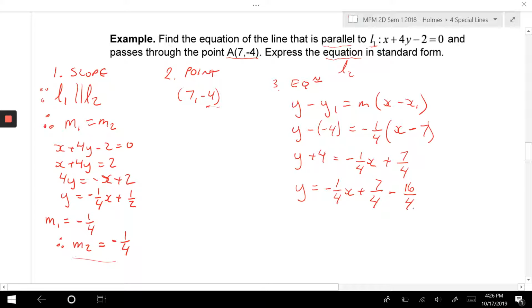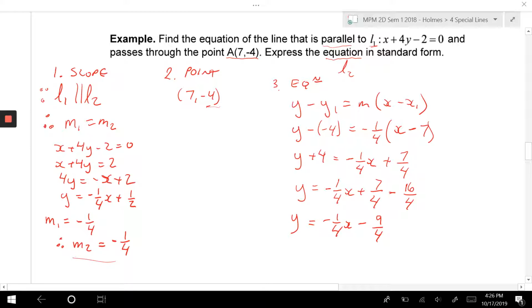You could do that in two steps if you want. They're both constant values, so I've changed 4 over 1 to 16 over 4. So this becomes minus 1 quarter x, and 7 subtract 16 is minus 9 over 4.